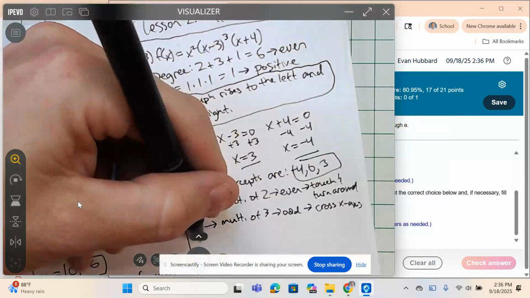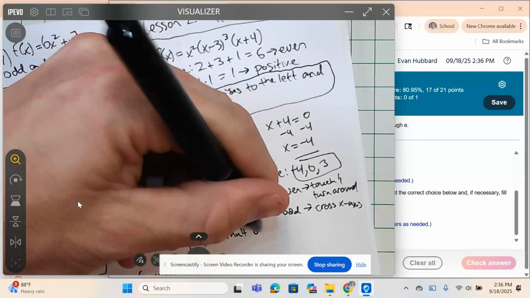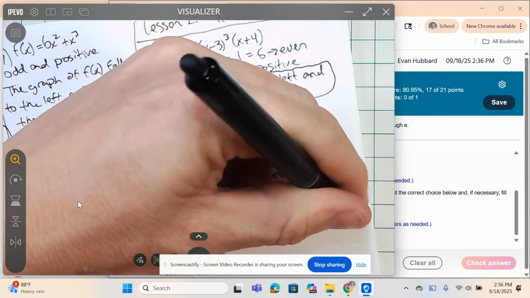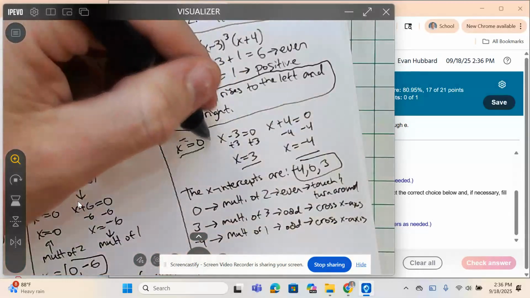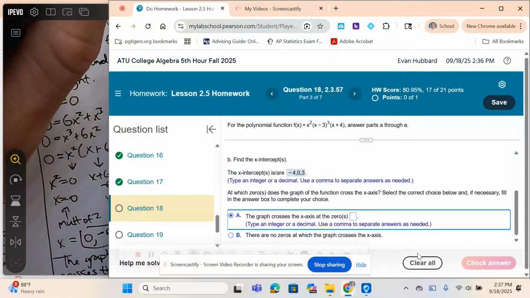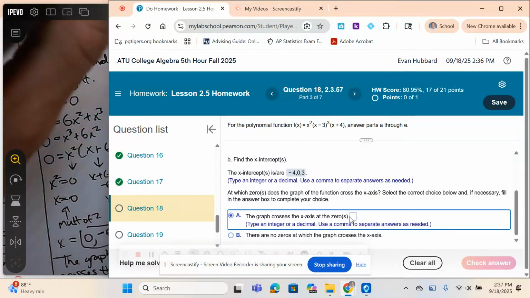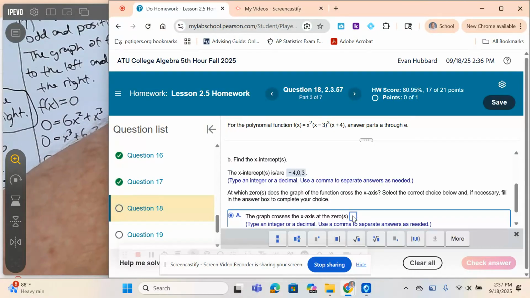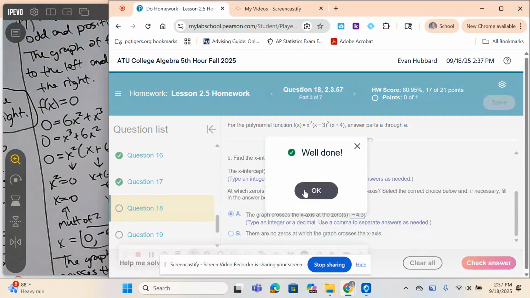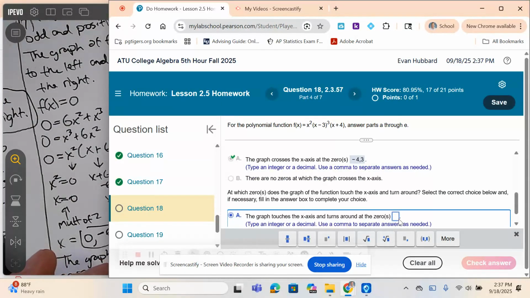And for -4, it's a multiplicity of 1, so it's odd, and it's going to cross the x-axis. So the graph crosses the x-axis at the zeros of -4 and 3, and it touches the x-axis at 0.